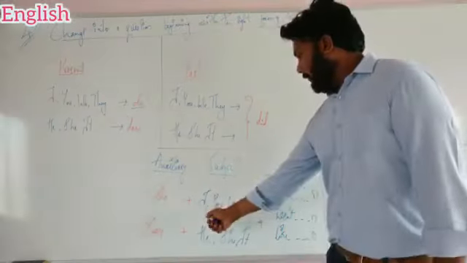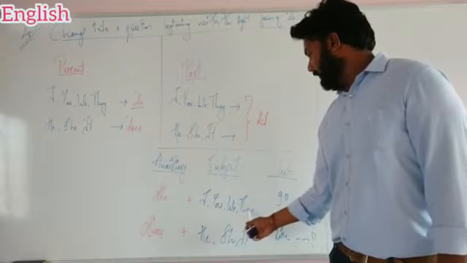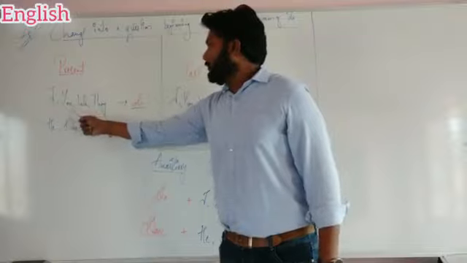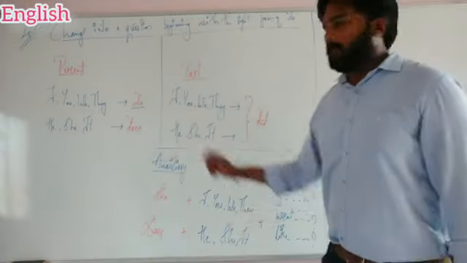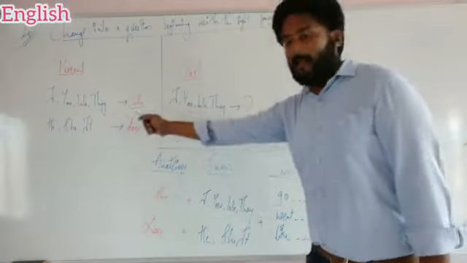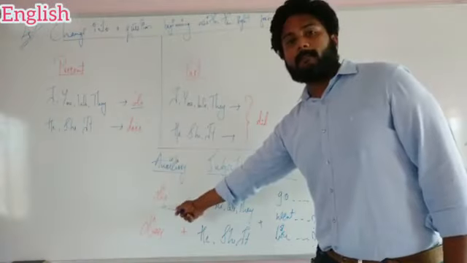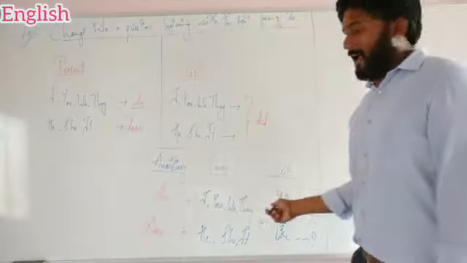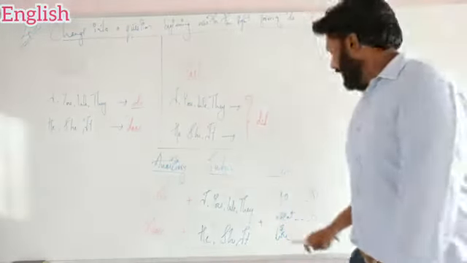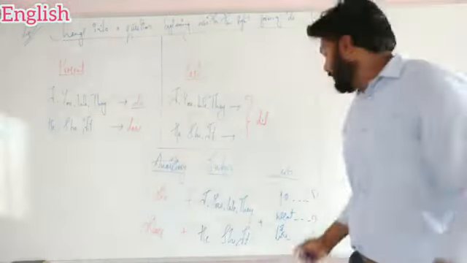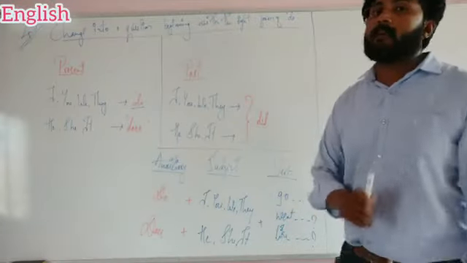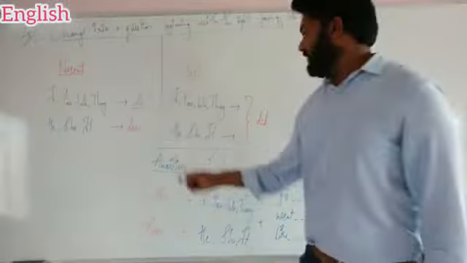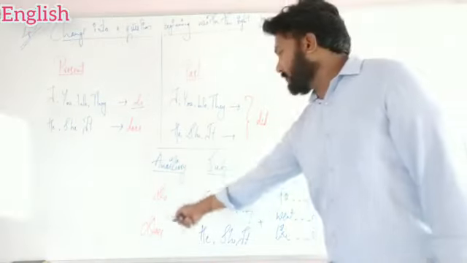If you have I, you, we, they in the present, the auxiliary, the helping verb, comes first, and next the subject and verb, and the statement follows. At the end of your statement there should be a question mark. This is the present chart.